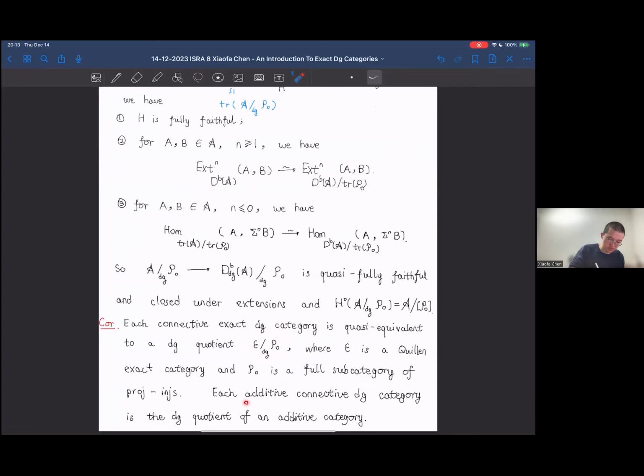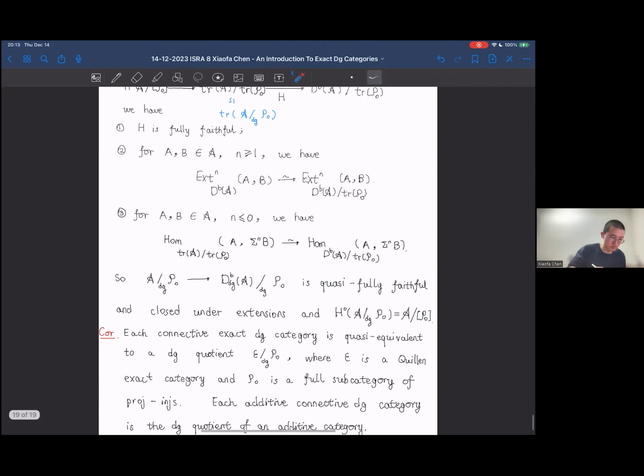Then for each additive connective DG category, if we take the minimal exact structure, we can show that it is of the form of the DG quotient of an additive category by a full subcategory. So these categories are concentrated in degree 0, and we get all DG categories by DG quotients of a category concentrated in degree 0.